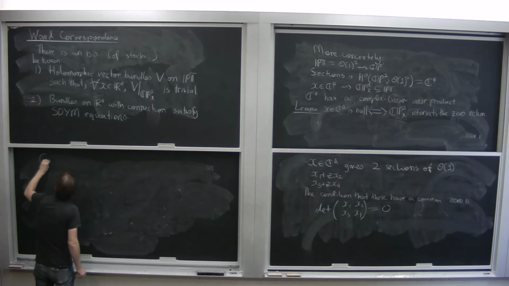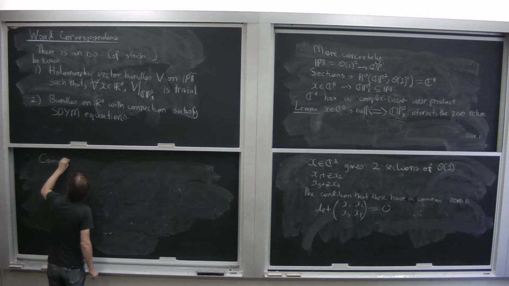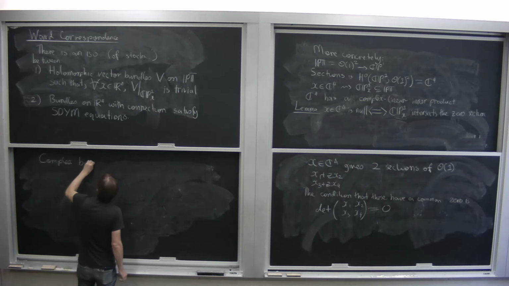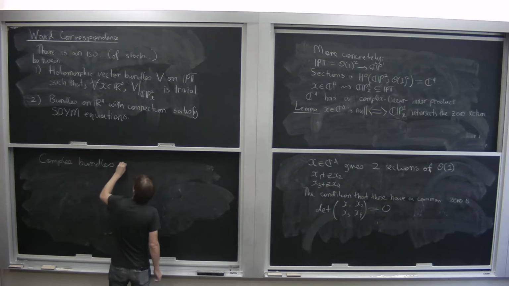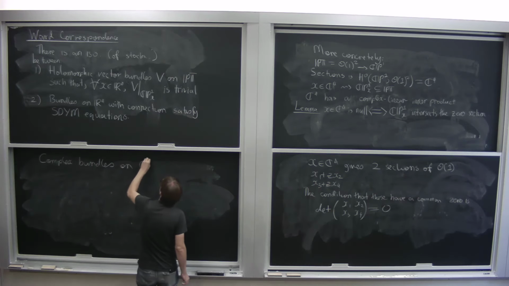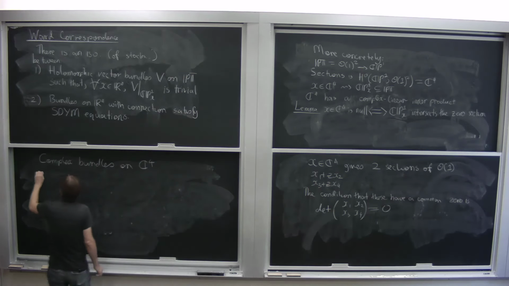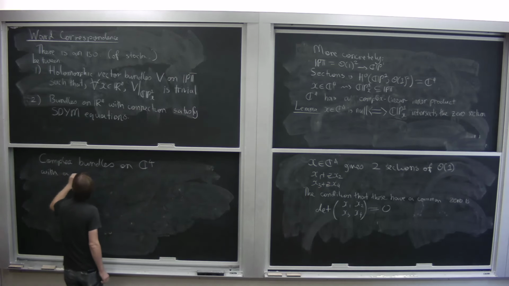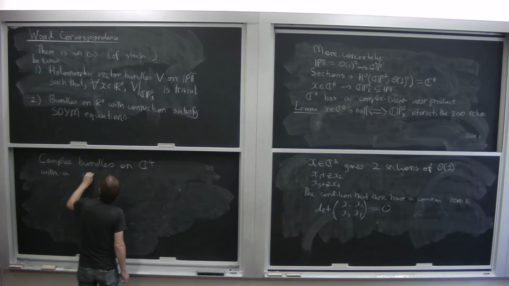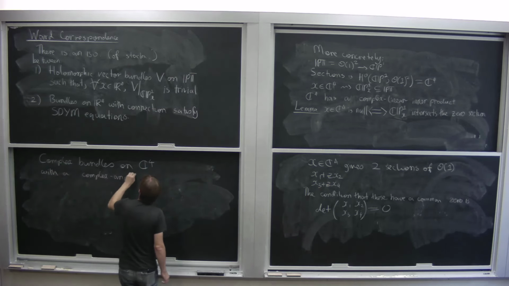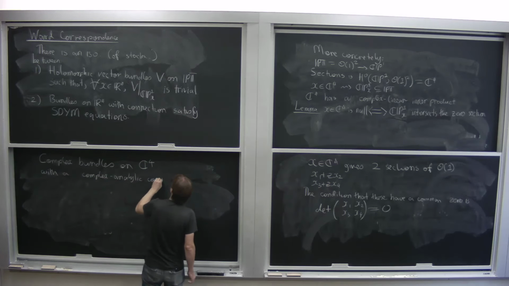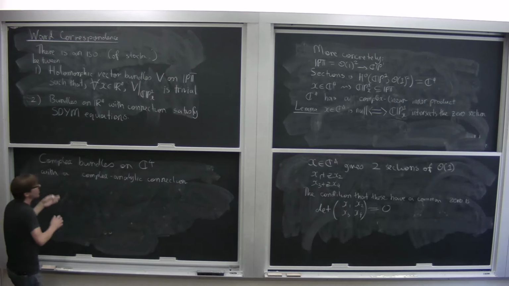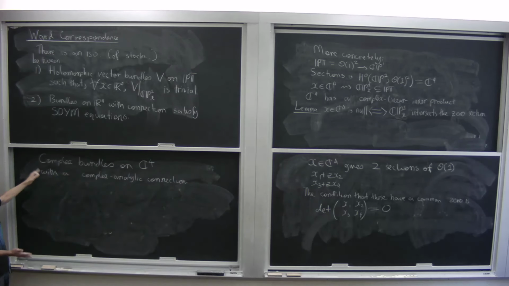So complex bundles on C4 with a kind of complex analytic connection. Well, the self-duality Mills equation makes sense here.